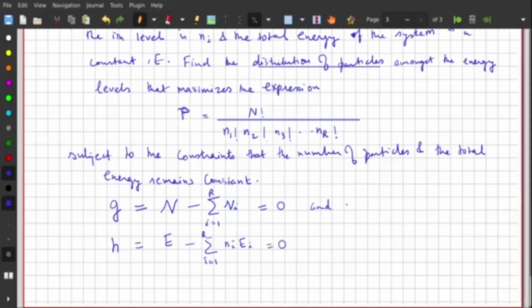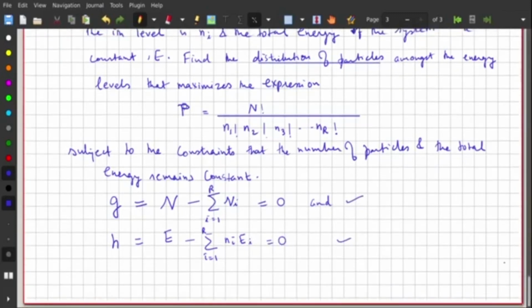So this is the mass conservation and this is the energy conservation. Those are the two constraints. So we have our optimization problem: we have to maximize P subject to these two constraints. Here you see where we will be able to apply the method of Lagrange multipliers to find the most probable distribution.